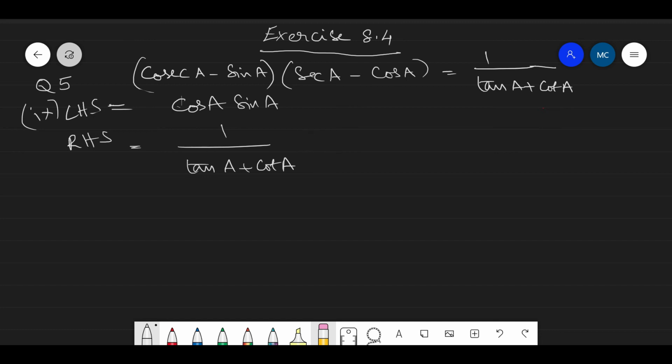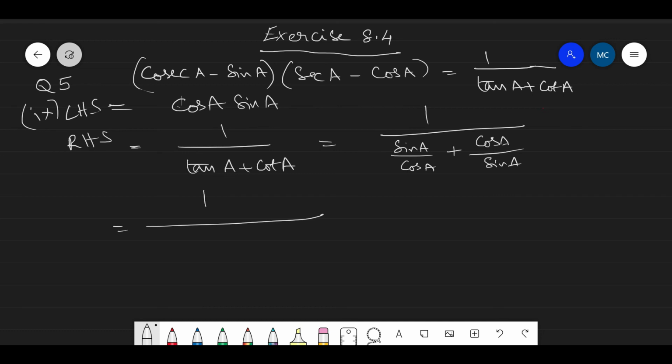Now this is equal to 1 by tan A. Write it as sin A by cos A, and cot A you write it as cos A by sin A. Now take LCM in the denominator.